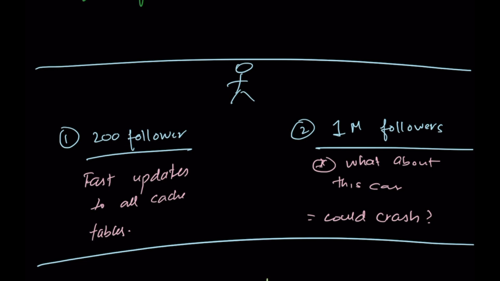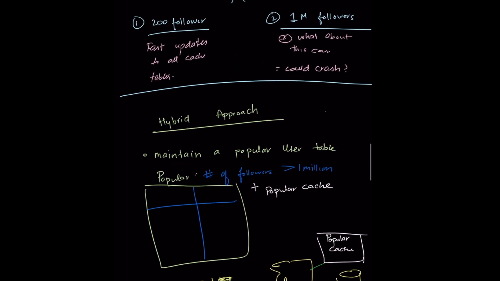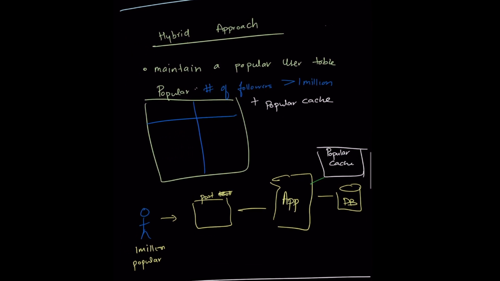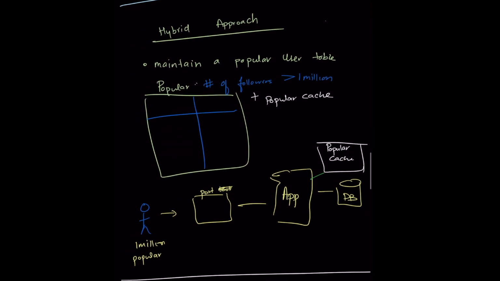So let's think about it. We could do a hybrid approach in which, firstly, we need to know the popular people. So we have a table which has all the popular people. A popular person could be anyone who has more than 1 million followers. And similar to the table, we have a popular cache just to make lookups faster.